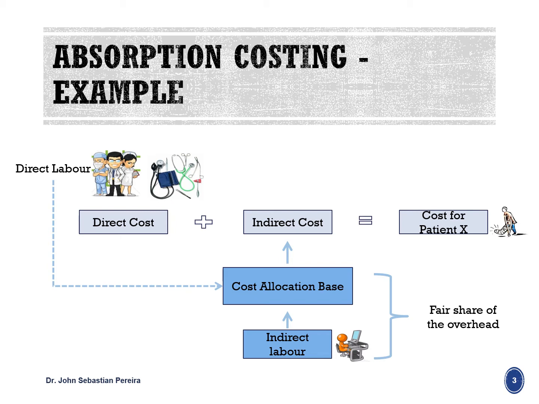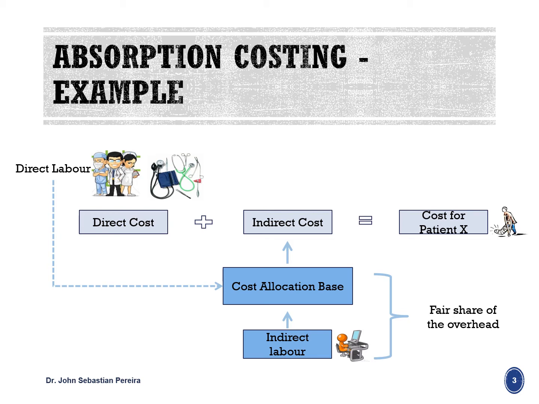Second, we'll consider how much material was used to service this patient. So the cost of the medication would be the direct material cost allocation. In this business, as we earlier mentioned, there is one element of indirect cost, which is the salary of the receptionist.